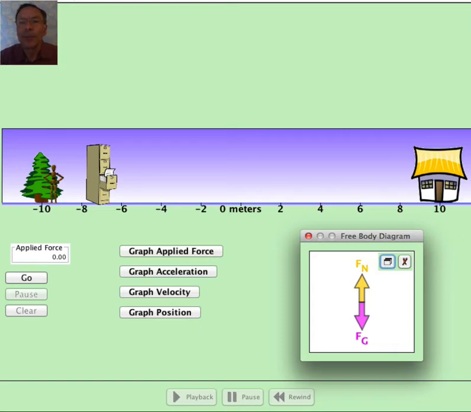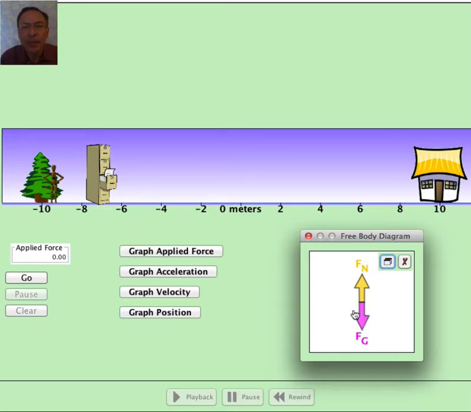I don't know if you can read this, but the file cabinet's mass is 200 kilograms, and so multiply that by 9.8 to get the force of gravity.